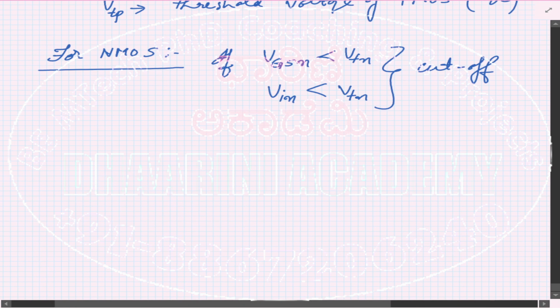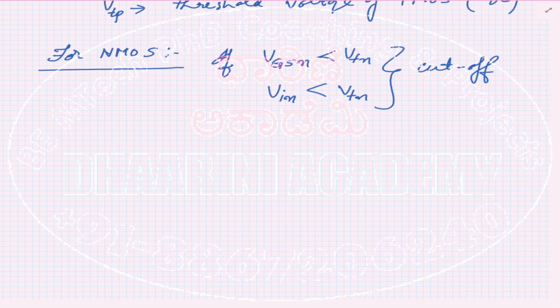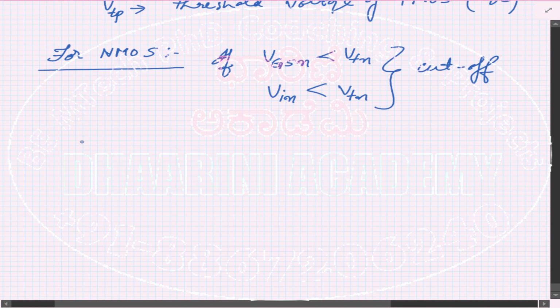Now let's go further. For the same NMOS device, I'm trying to relate the linear region. VGSN greater than VTN is one condition, which means the input voltage V in is greater than VTN. I also have another condition for the linear region.